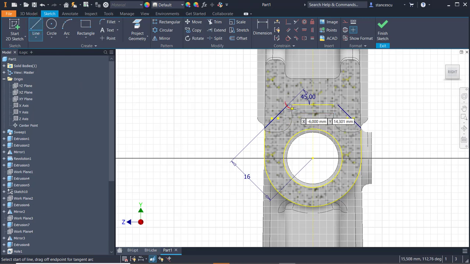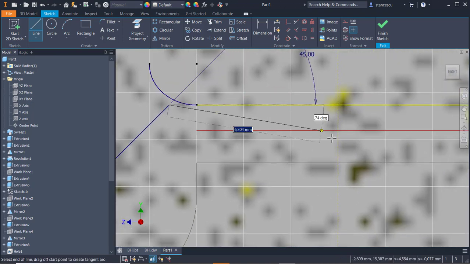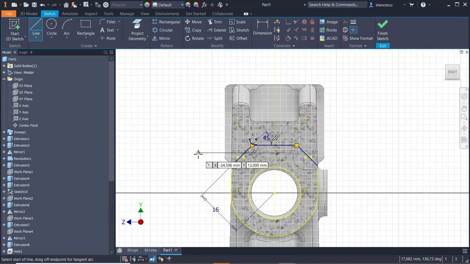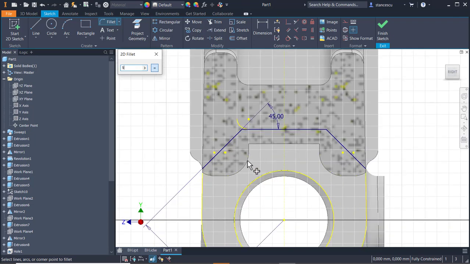I draw a line here between these two ends, which are on this line. And then fillet of 5. Finish sketch.